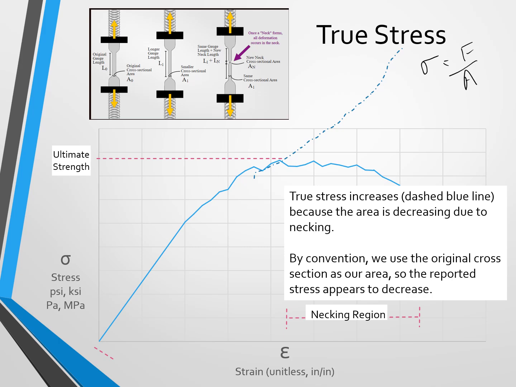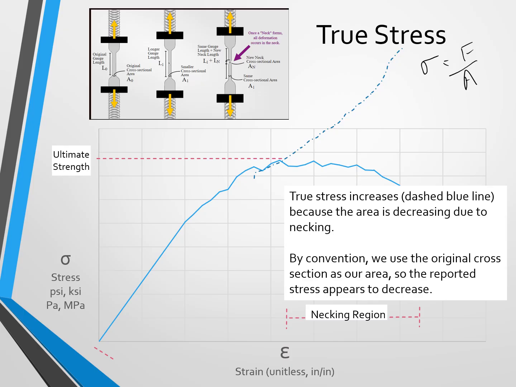As the sample stretches, that cross-sectional area gets smaller and smaller. So the true stress is the load divided by the actual cross-sectional area at that point. When we calculate engineering stress, we use the original cross-sectional area for all the stress values. We don't take into account the fact that it's getting smaller and smaller.